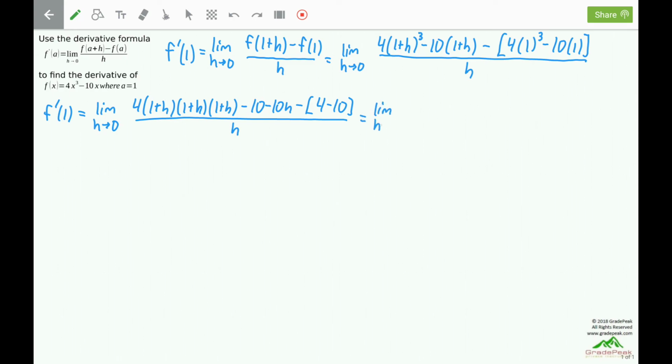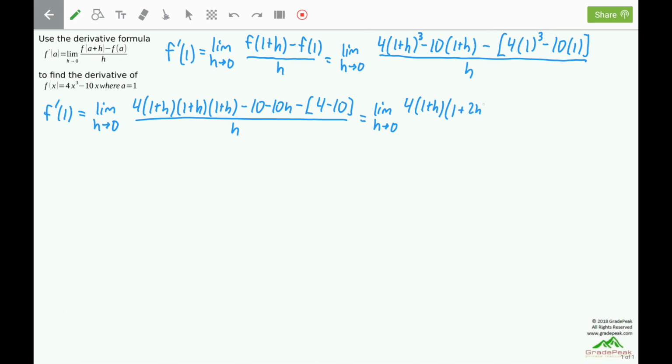So we will have the limit as h goes to 0 of, now to cube 1 plus h, we're going to pair off 2 of them. I'll take the second one and third one and FOIL those out. First, 1 times 1 is 1. Outside, 1 times h is h. Inside, 1 times h is also h, so we will have a 2h when those add together.